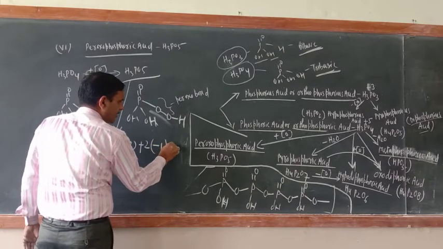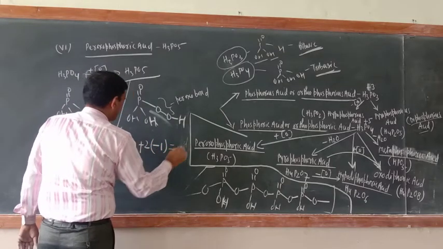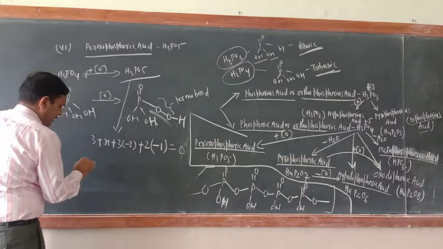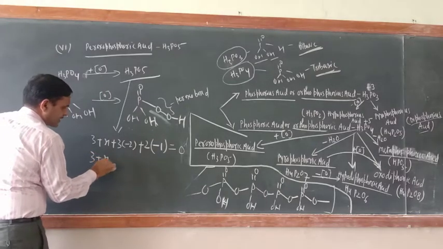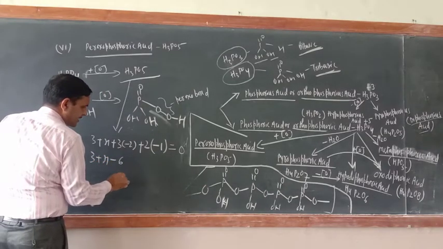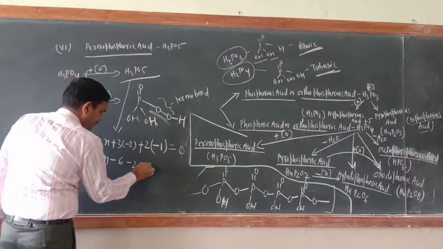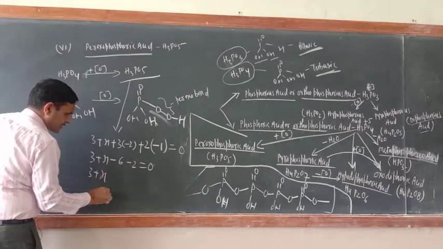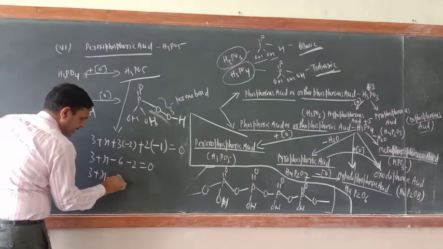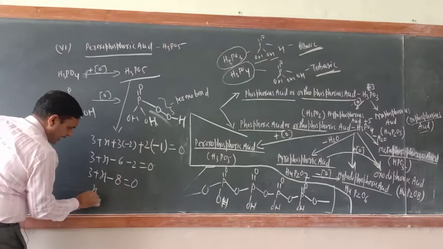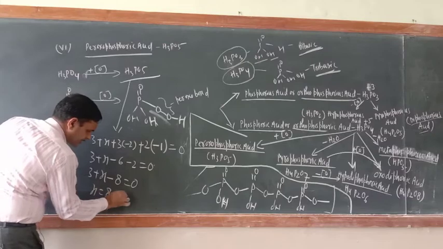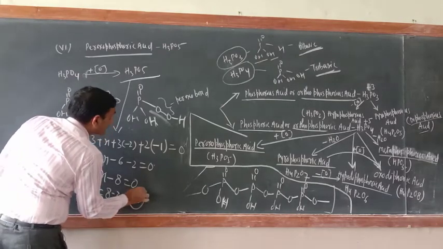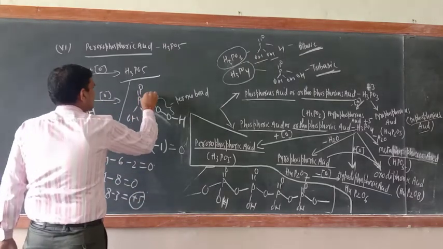So 3 plus X minus 6 minus 2 equal to 0. So 3 plus X minus 8 equal to 0. So X equal to 8 minus 3 equal to plus 5. So the oxidation state is plus 5 only.